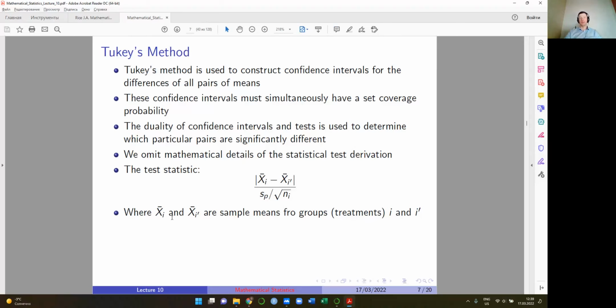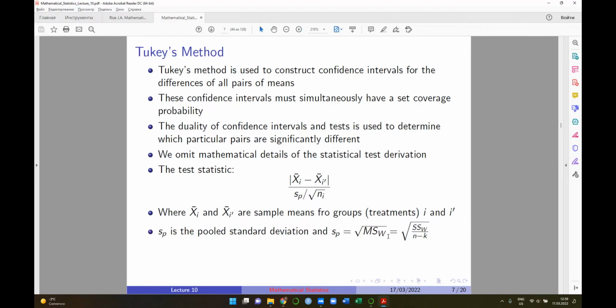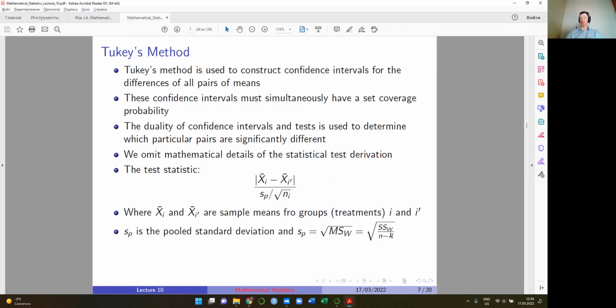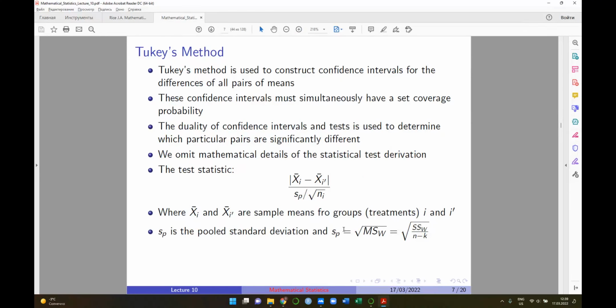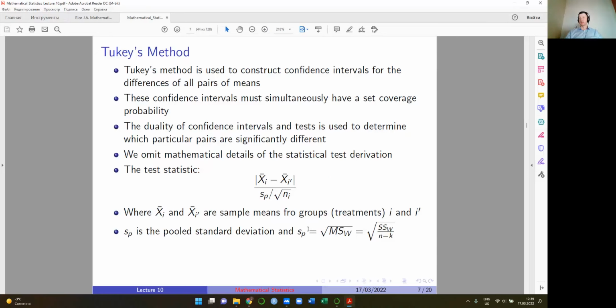Xi bar, xi prime bar are sample means for groups i and i prime. SP is pooled standard deviation, and we can calculate this as a square root of a mean square within, which is here. This is the sum of squares within divided by n minus k. So basically, this is the standard deviation of an error term.